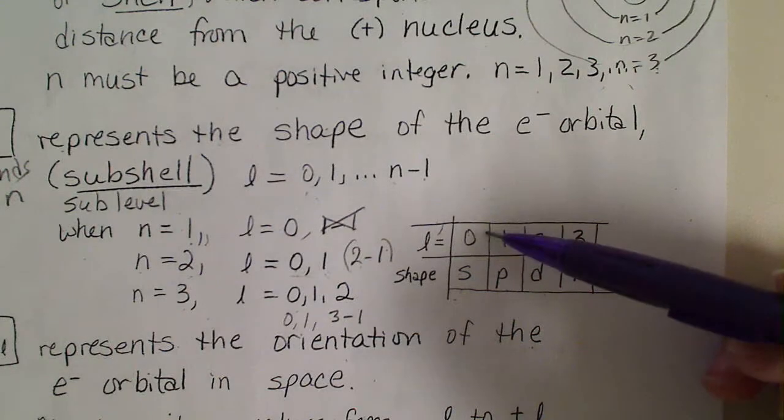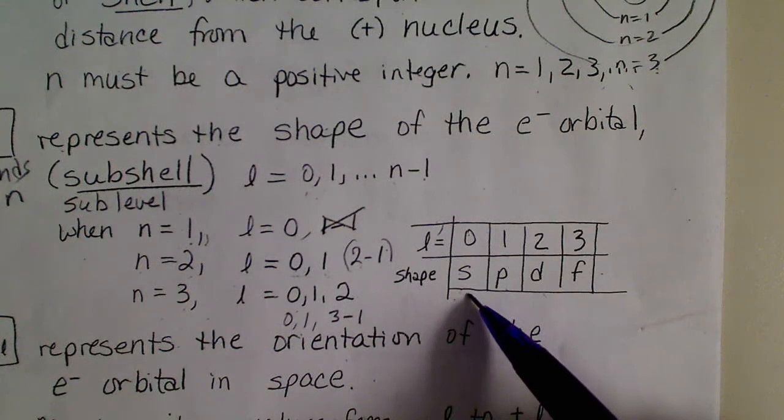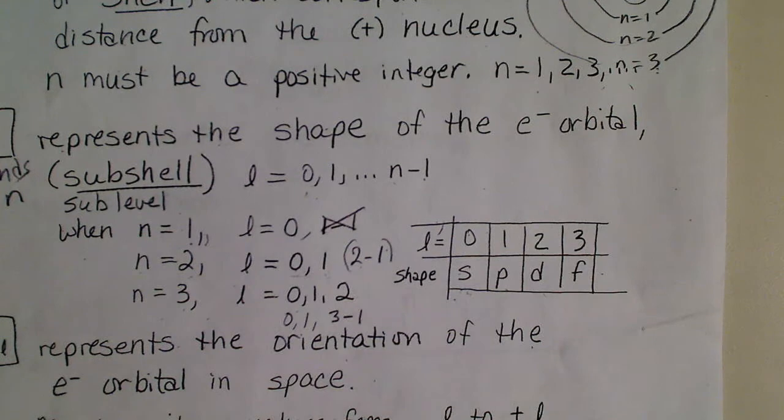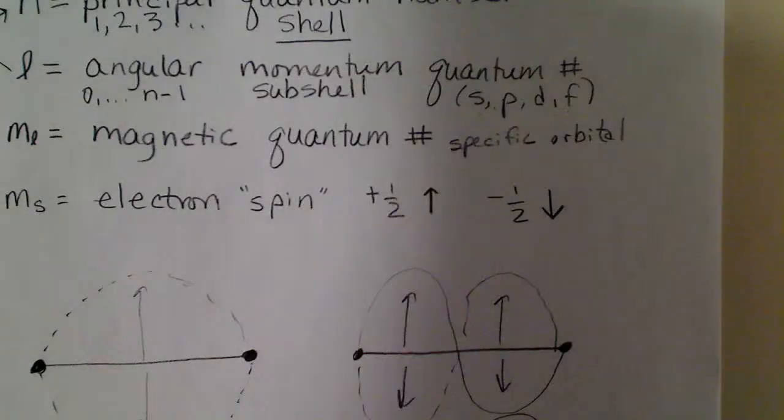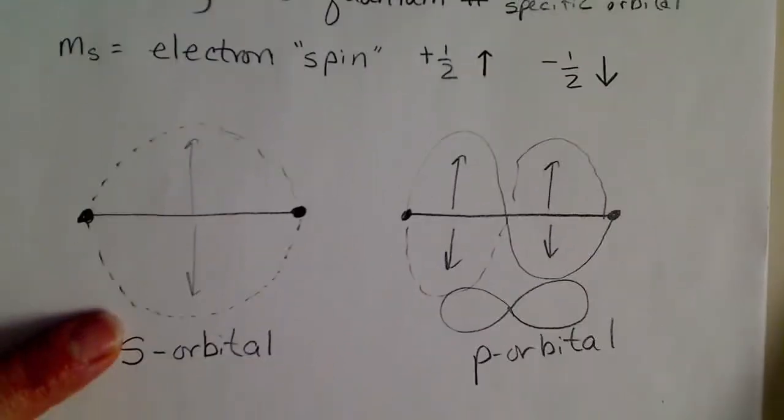When L equals 0, that means we've got the spherically shaped s orbital, and that was the plucking of the string I had on the earlier slide.